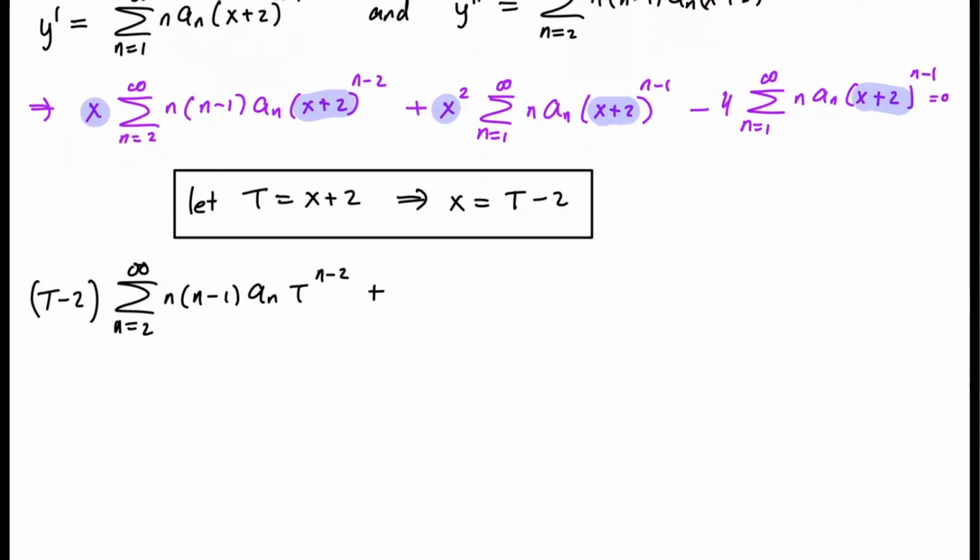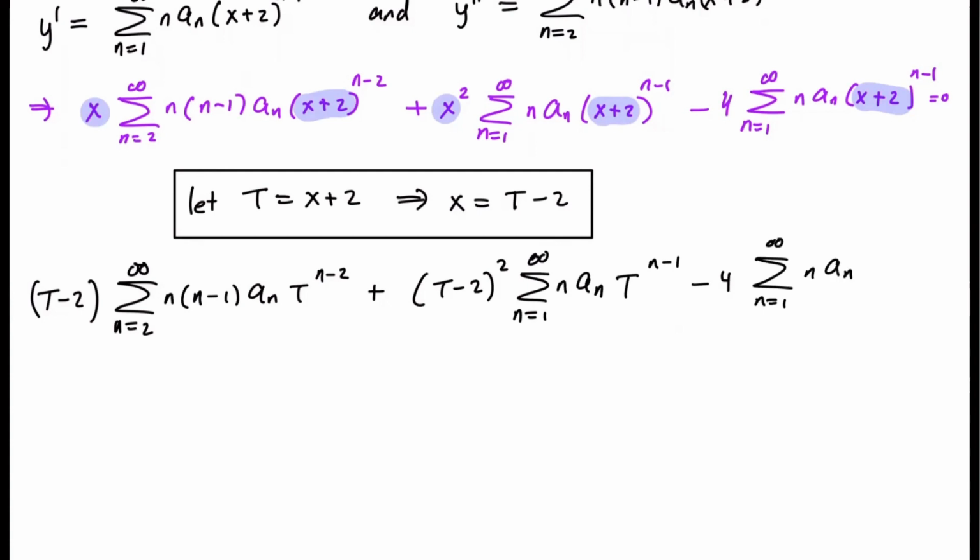Plus, now the second term, we're replacing x with t minus 2, so we'll have t minus 2 squared, since it's x squared in the original, times the infinite sum starting from 1 to infinity, n times a sub n, x plus 2, that's t to the power of n minus 1. And then the last term we have minus 4 times the sum starting from 1 to infinity of n times a sub n, x plus 2, that's t, so we have t to the power of n minus 1, everything equals 0. Okay, I hope you can see what I'm doing.